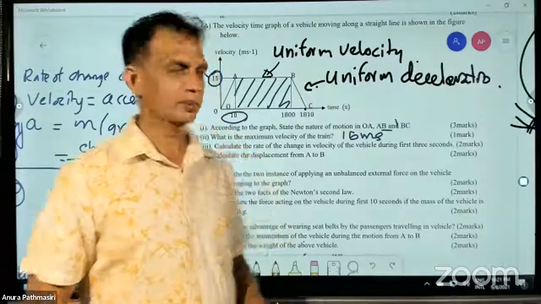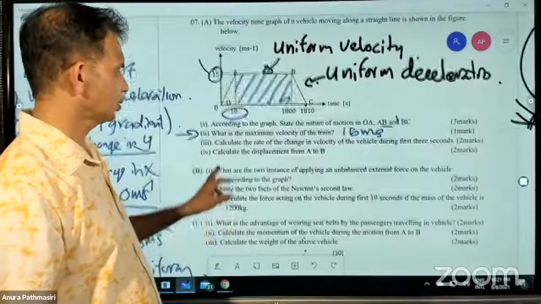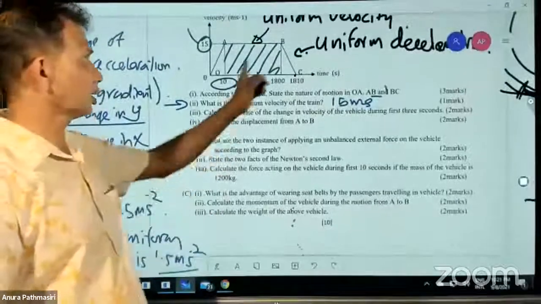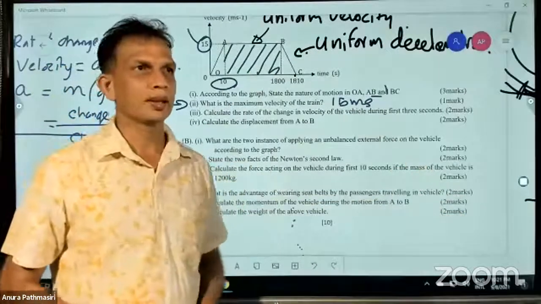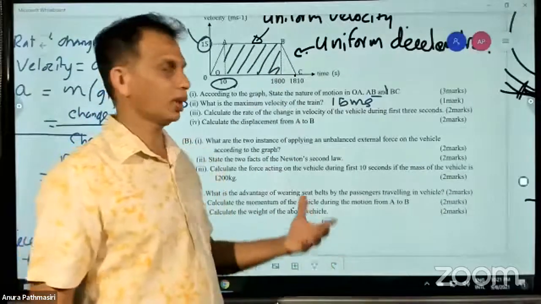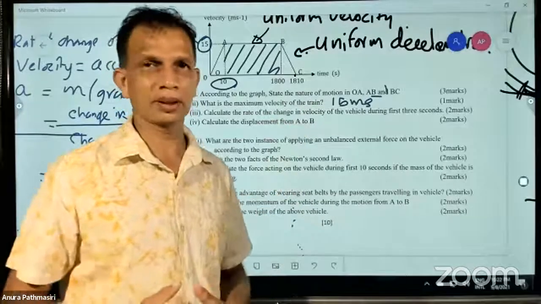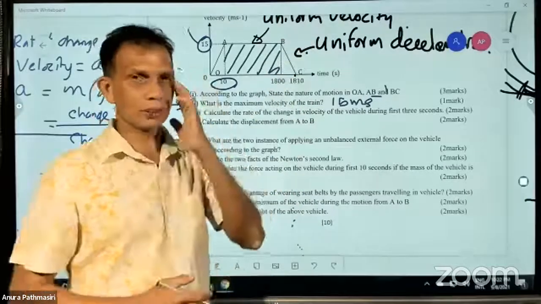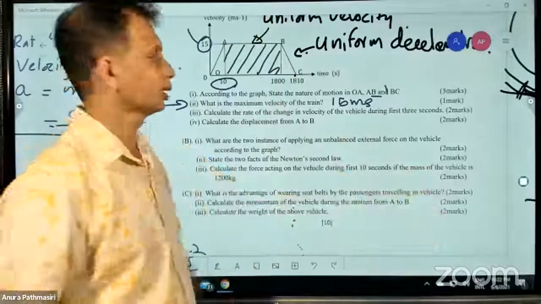Why do I say the displacement is equal to the distance, magnitude-wise? What they are asking is the displacement, so you have to find the magnitude first. The direction is no problem because it's moving in the same particular direction.